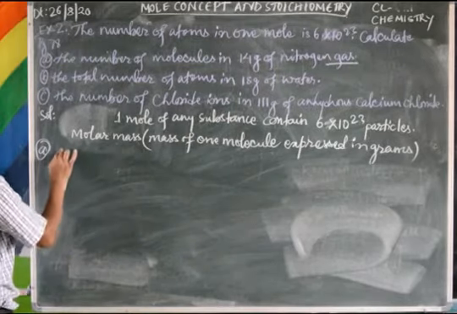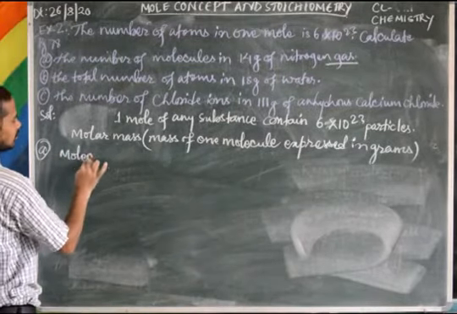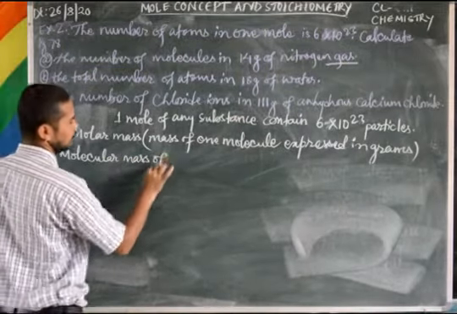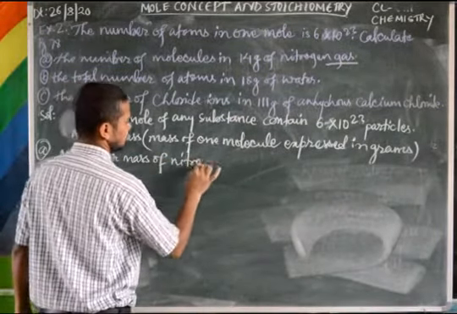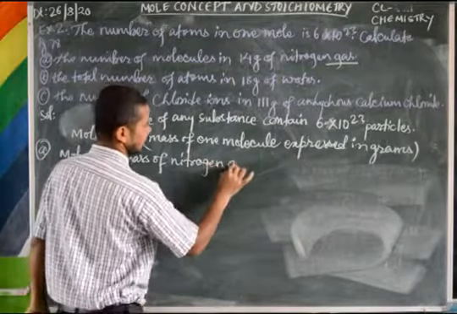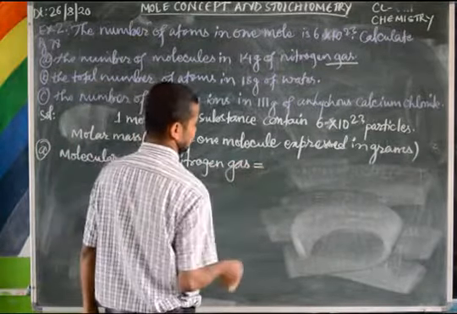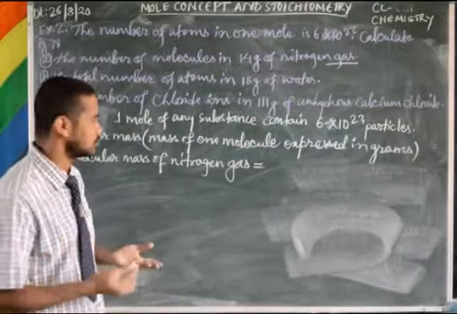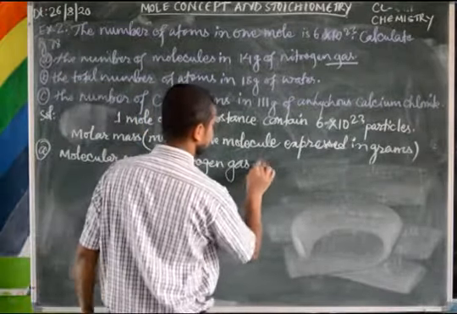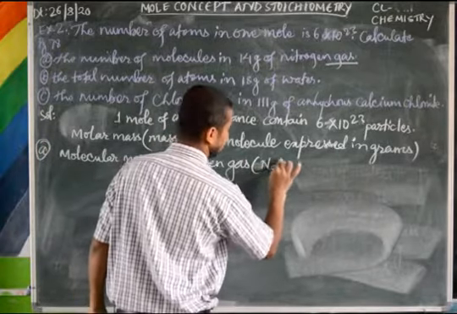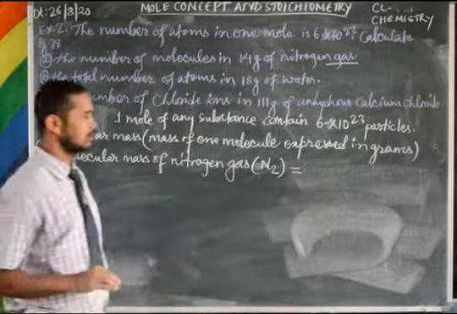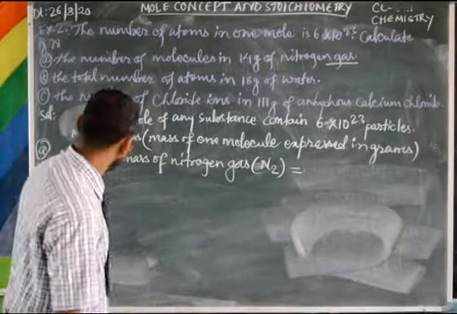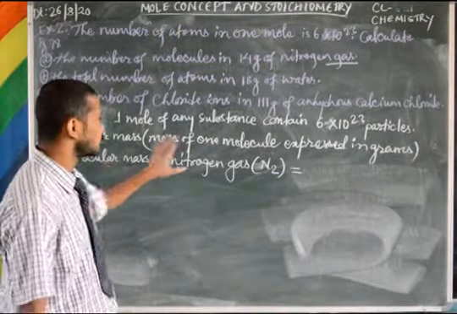Now what you must know is the molecular mass of nitrogen gas. You have to find the molecular mass. First of all you must know the molecular formula of nitrogen gas, which is N2.